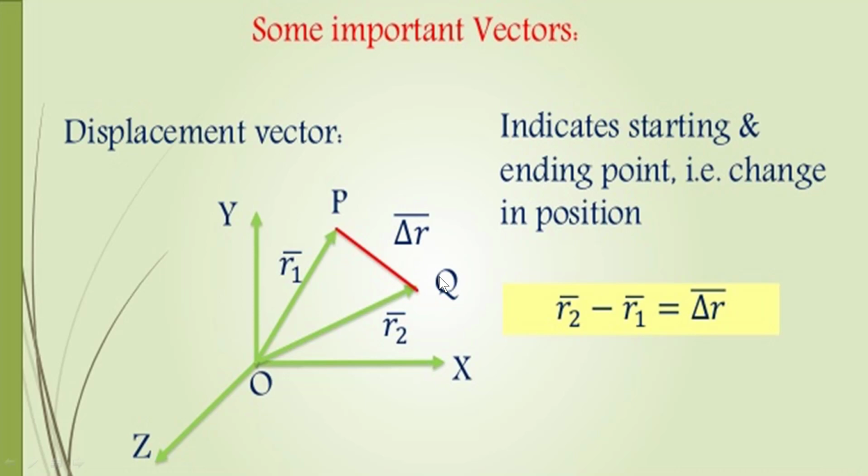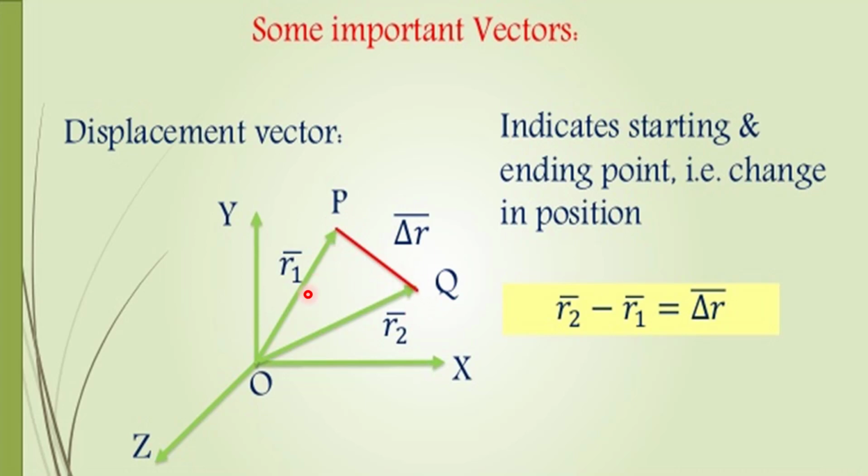Displacement vector: it indicates the starting and ending point, that is, the change in position. Let's say this point P is our starting point and Q is the ending point.